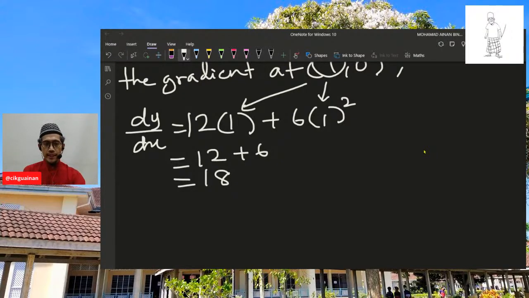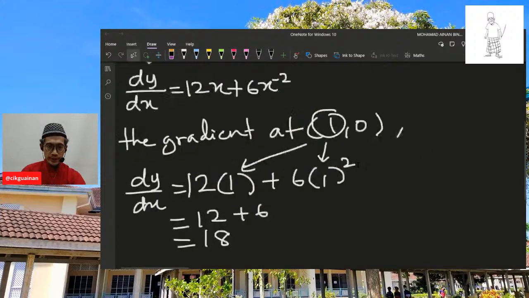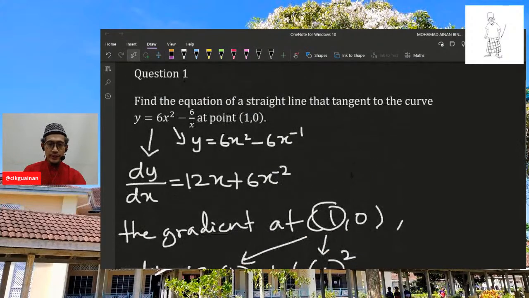Which gradient is this? We have two kinds of gradient: the gradient of the tangent or the gradient of the normal. From the question, it wants the tangent.